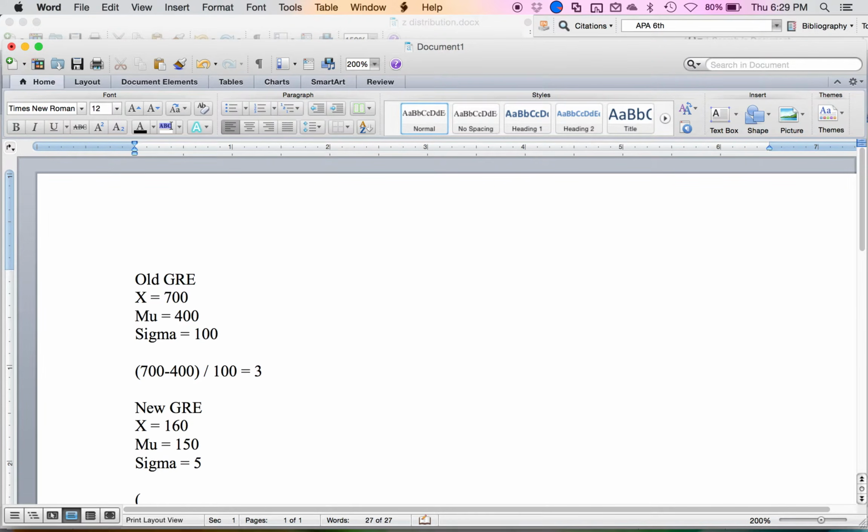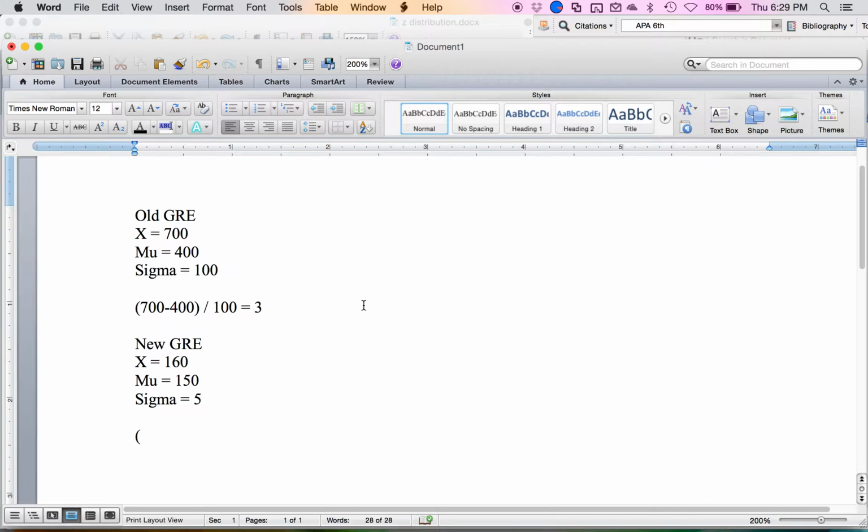So that means that their score would be the 160 minus the 150 divided by 5. And that would be equal to 2. Okay. And so that tells me that they're both above the mean because the scores are positive, and that the first one is better because the score is bigger. Okay, so it has a larger magnitude.